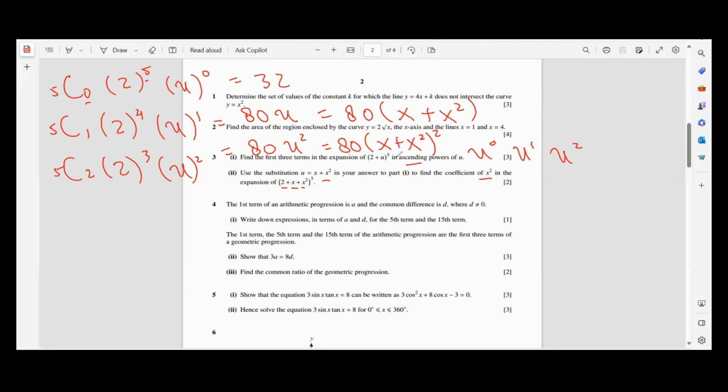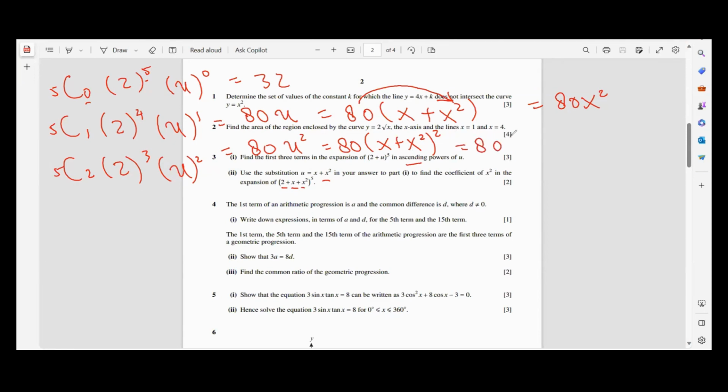And then I think it is impossible that we shall get x squared from the power of 3 later. So I will just use these two. For the coefficient of x squared, we only have this 80 times the x squared, so we get 80x squared. And then for this one, I have to expand it first.